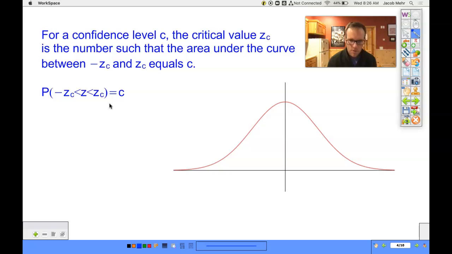Okay. So what we're going to find, okay, and let's pick a confidence level such as 95%. That's our confidence level. What we need to find is Z sub 0.95 and Z of negative 0.95. And what that means is we are finding these z-scores here.